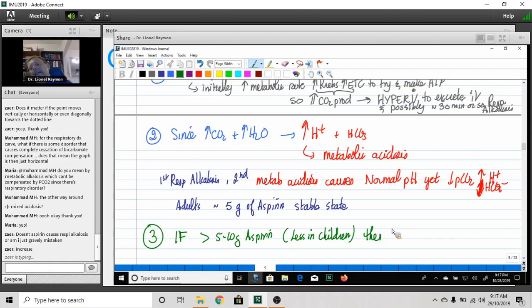And respiratory depression is now going to cause respiratory acidosis with metabolic acidosis. You now get a mixed acidosis. Is it clear? The 3 stages? Is that okay?